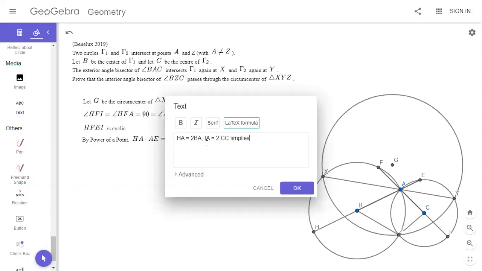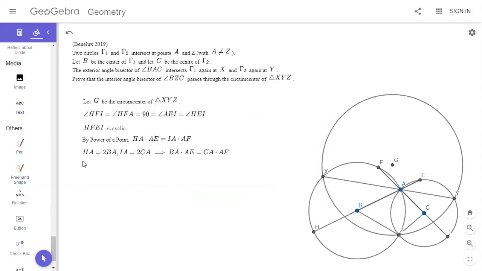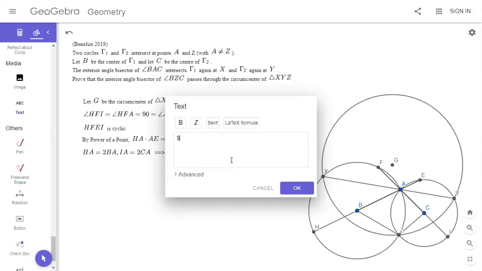And so that means that BA times AE is equal to CA times AF. And so BFEC is cyclic. And then we want to show that it passes through G.